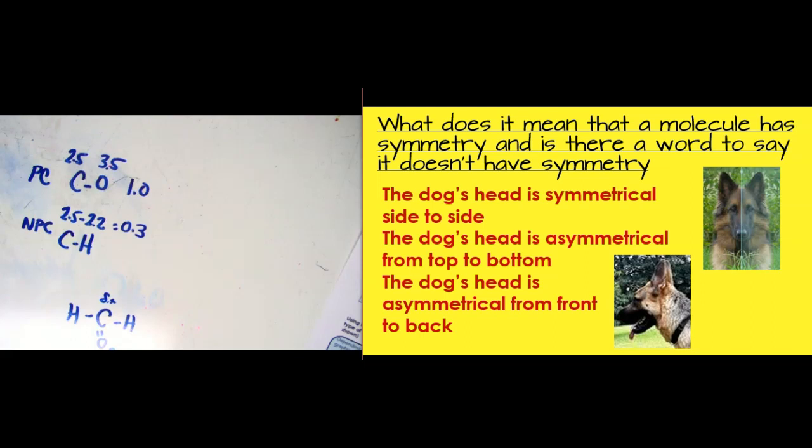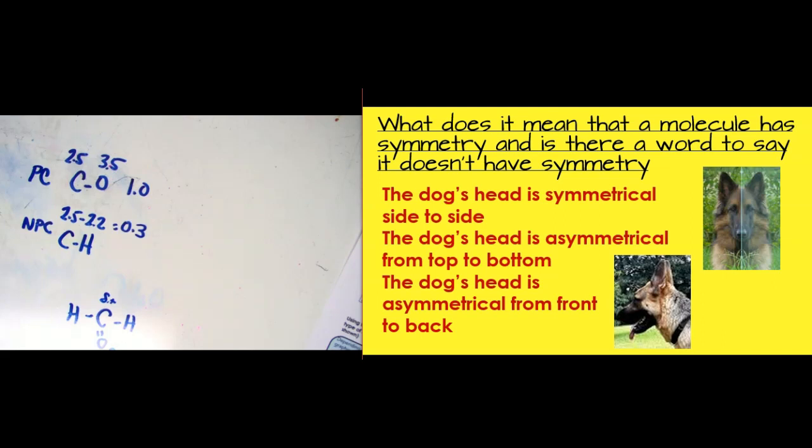Why? Because there are not ears on the bottom. You're not going to find eyes on the bottom either, or a nose on the top. So if you don't have a mirror image across that line, you would say that this object is not symmetrical.